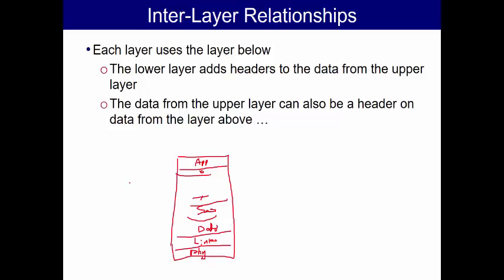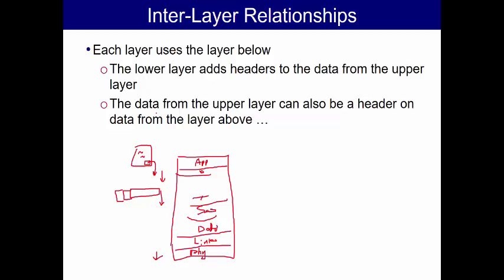So I have my application running here, and I have a click button so that I want to send some data to the server. Then that data comes down through the layers all the way to the physical layer. At each level, not only the data that I want to submit, but a header is attached.